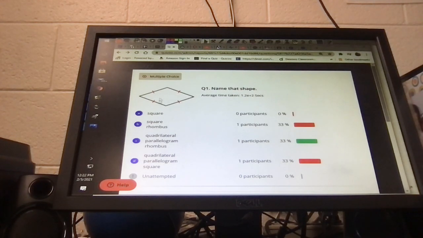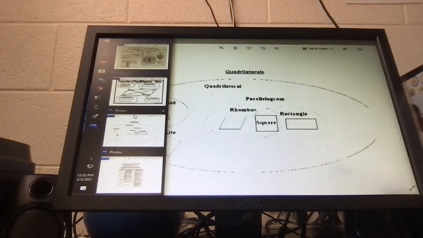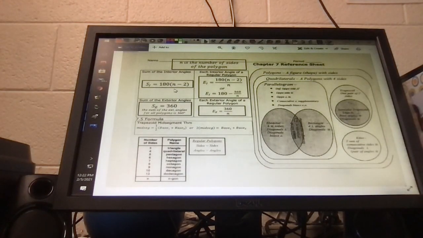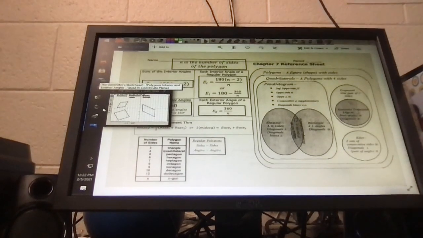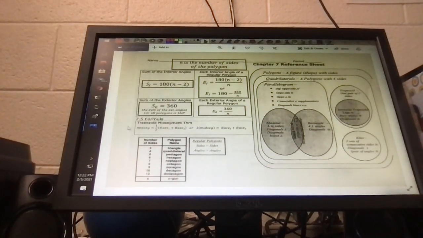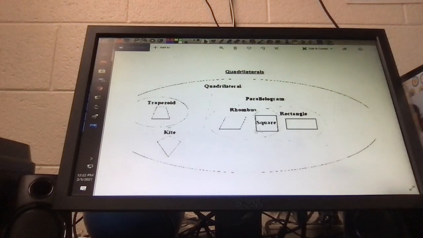this one. I think if you look at it, all three of these, we should agree that is a rhombus. So again, if you need to go back to this worksheet, what should be on the back of this, if you were in class, was a picture of the worksheet. The pictures that go with it.